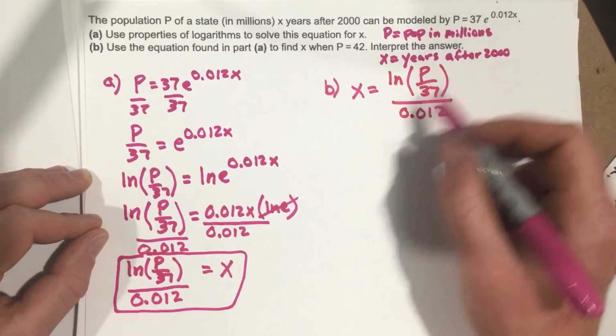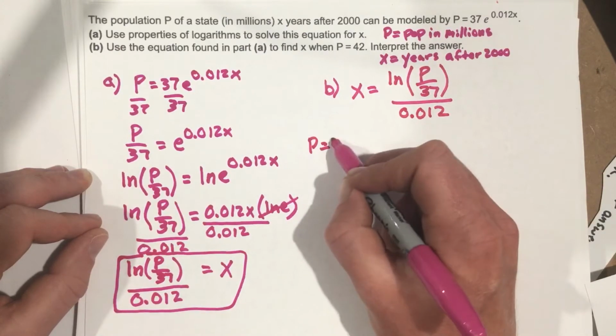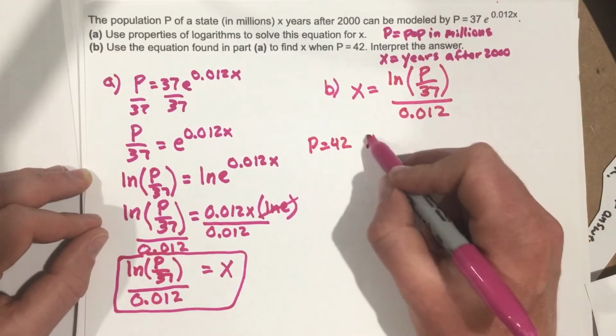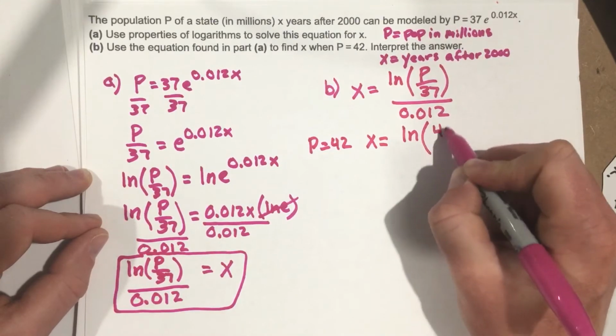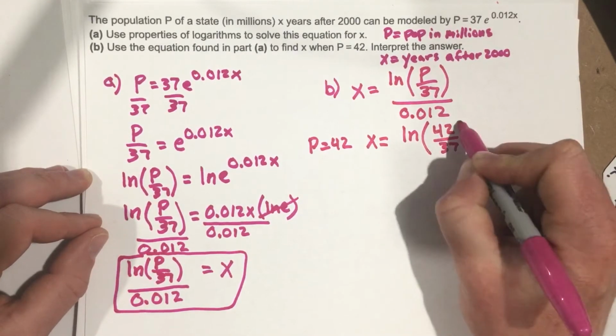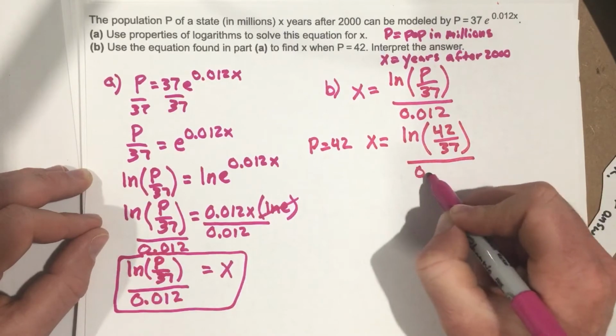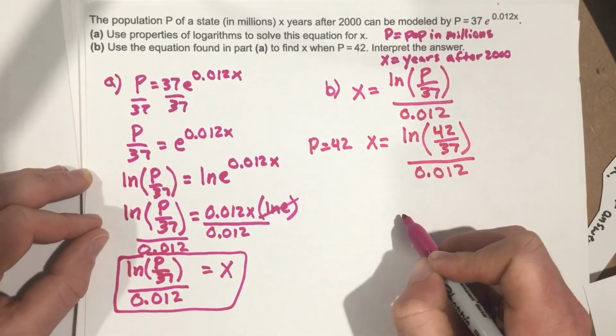Now I'm going to plug in P, so P equals 42. When I plug it in, I get x equals natural log of 42 over 37 all over 0.012.